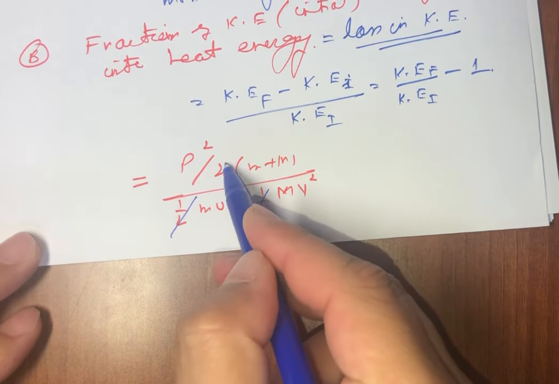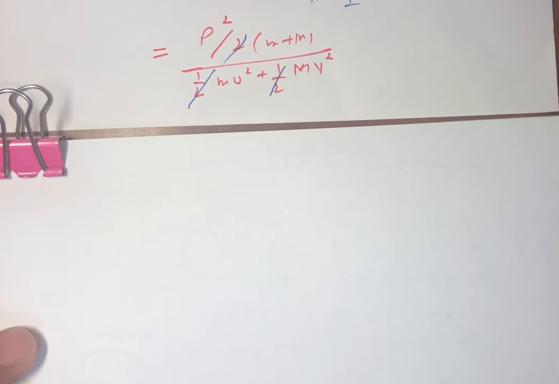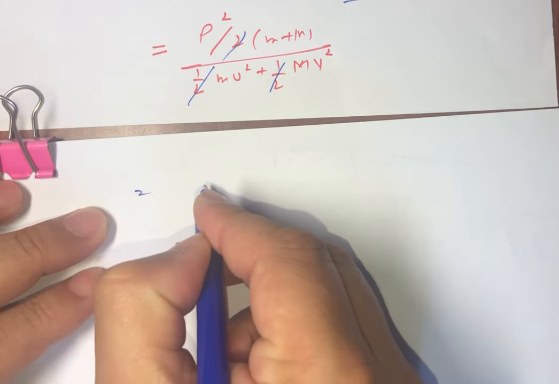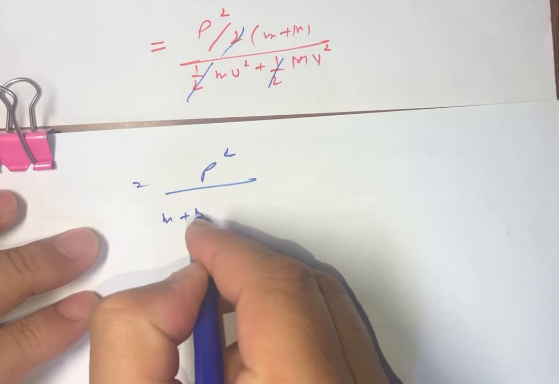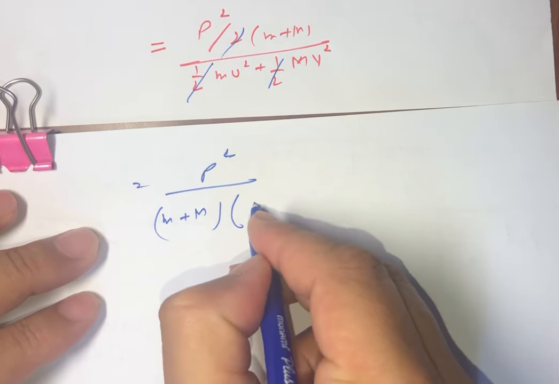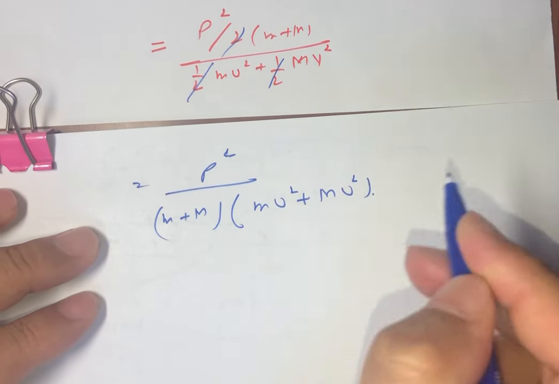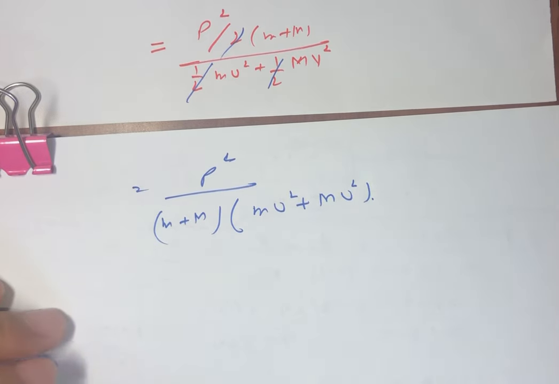This half and half goes with this half. Therefore, this becomes P square, times m plus capital M in the denominator, and we have m v square plus capital M V square. The value of P we already know, and it is squared.